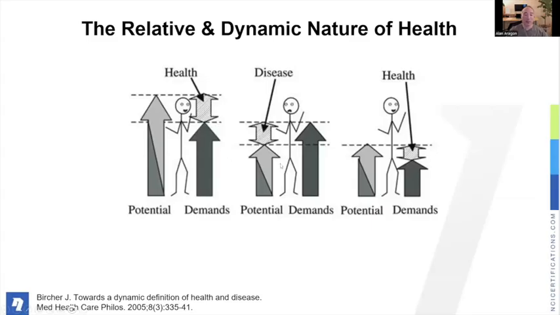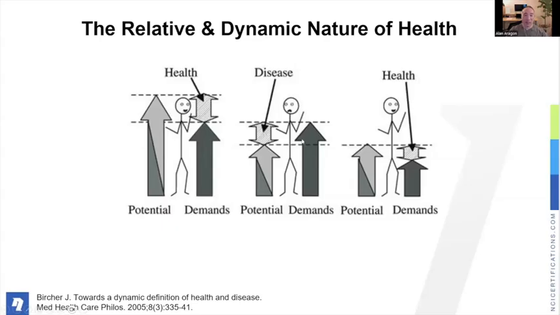Now we go over to this person, who has the same magnitude of demands or stressors in life, but his health potential is lower, and the demands in his life outpace the health potential. So therefore, he is in a relative state of disease.